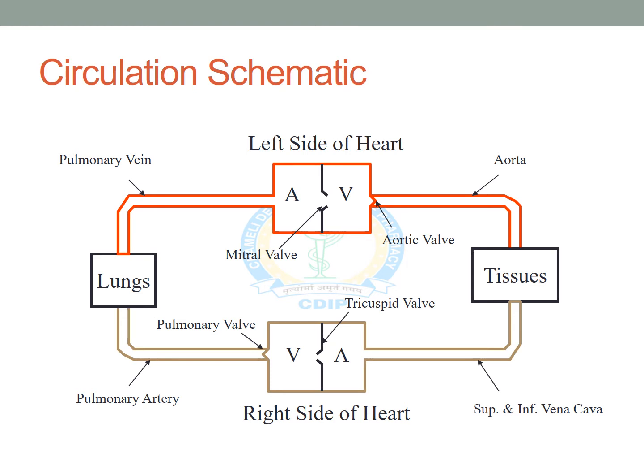These are pressure driven valves. From the right ventricle, this deoxygenated blood gets pumped into the pulmonary artery via opening of the pulmonary valve into the lungs, and this cycle goes on with the exchange of gases taking place.